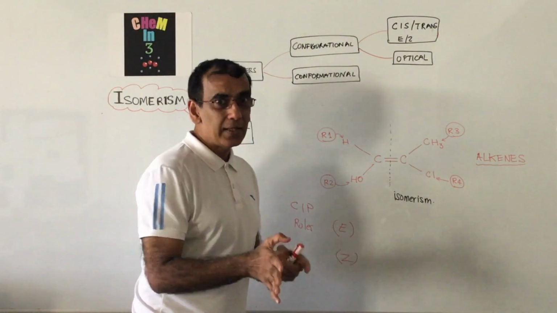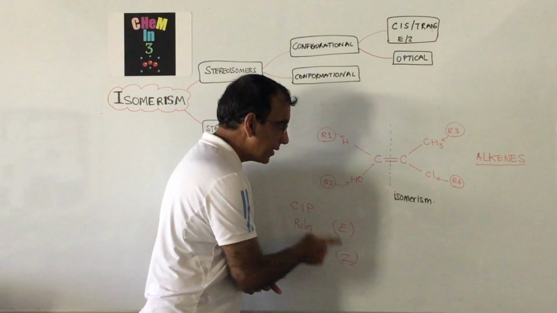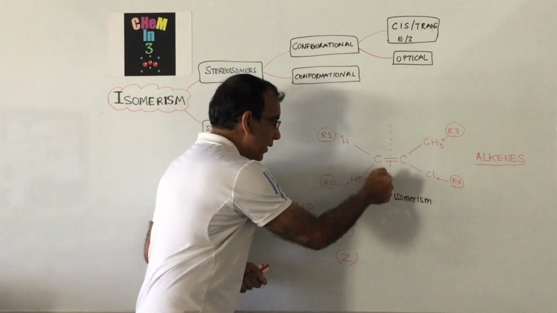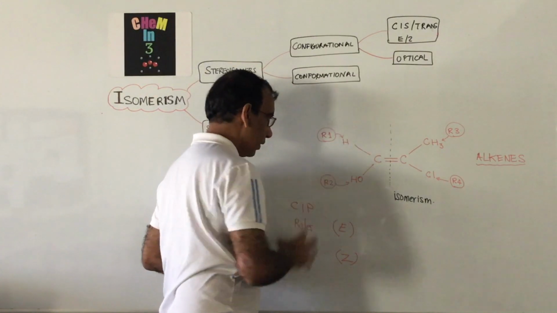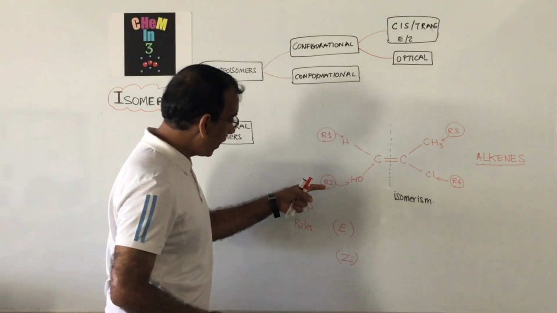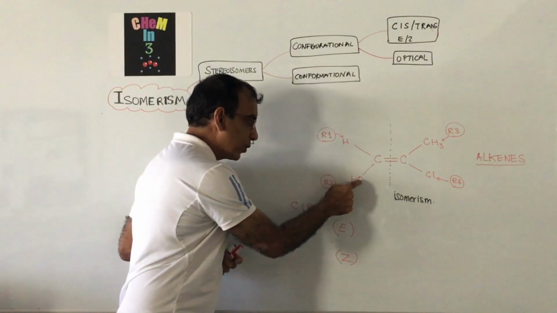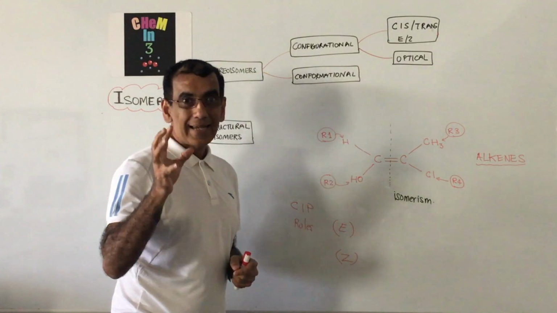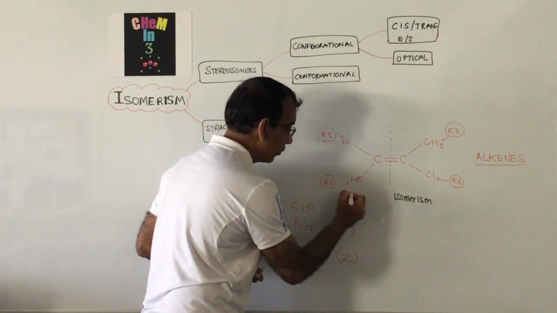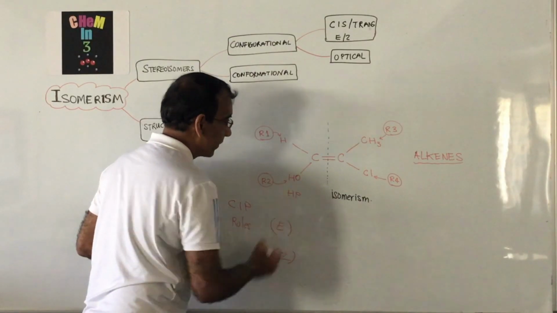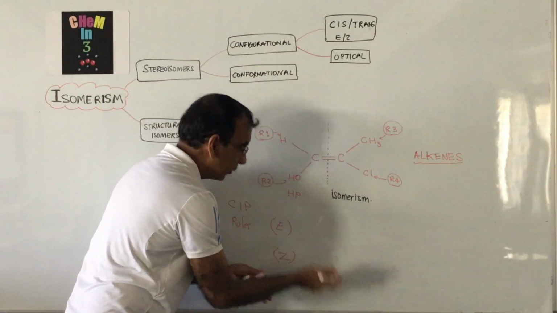And to designate the isomer as either an E or a Z, again, we put this imaginary line down the middle, and we compare R1 to R2. And here we see that R2, because it's attached to an oxygen that has a higher atomic mass than this hydrogen, the higher priority group is here, on this side of the molecule.